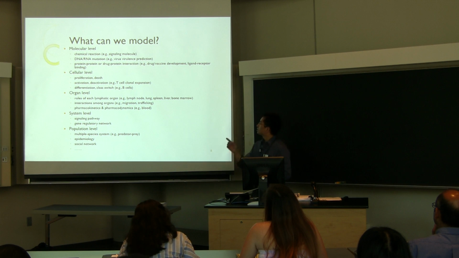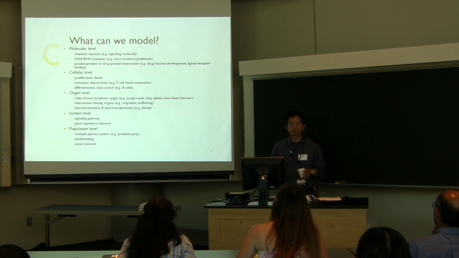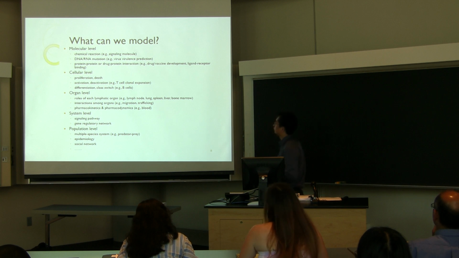At the cellular level, of course, we are interested in proliferation and death rates, because under many circumstances those rates can tell us lots of information. Also activation, deactivation, differentiation, and class switch for B cells.